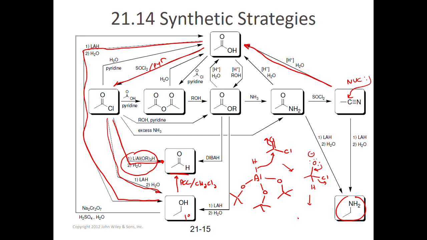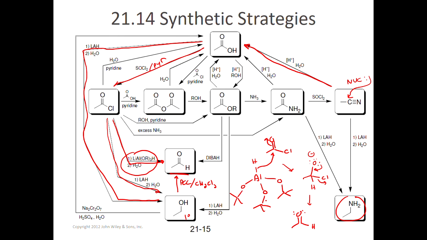And that will give an aldehyde, because the methyl group, or whatever our group is here, and the hydrogen are still there. So why do I need these bulky tert-butyl groups?